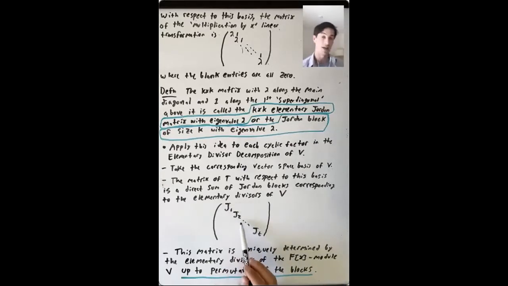Do all of the blocks corresponding to one lambda, then all of the blocks corresponding to another lambda. But the important thing is that this matrix is uniquely defined up to permuting the order of the blocks that occur. All right, now I will pause and erase, and we'll give the definition of Jordan canonical form.